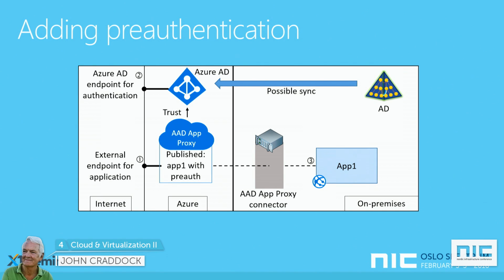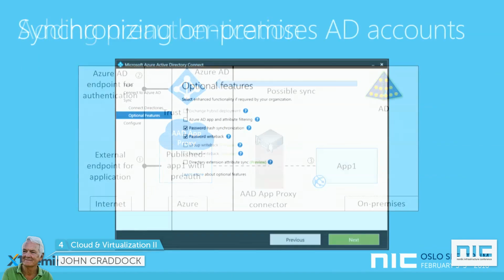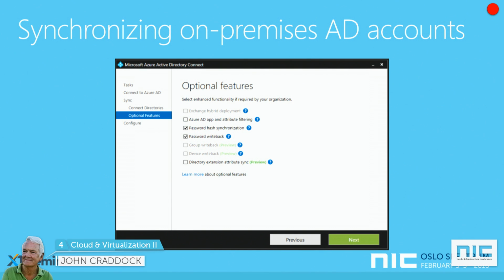So Azure AD Connect is getting more and more sophisticated. I would highly recommend, if you've got to synchronize your users up there, deploying it is really simple. Okay, and so you then know that your users are up there. So there's a little picture with various options that are available on the Azure AD Connect.